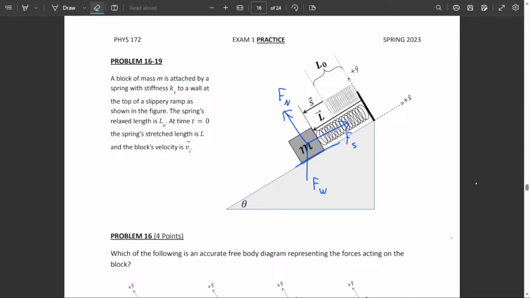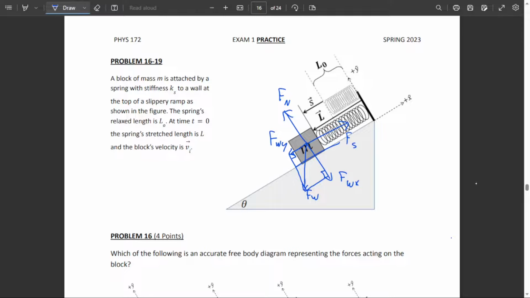I'm going to just erase this for a quick second. We're going to have the weight force in the x direction and in the y direction. And then we have the actual just weight force. And this all makes a right triangle.